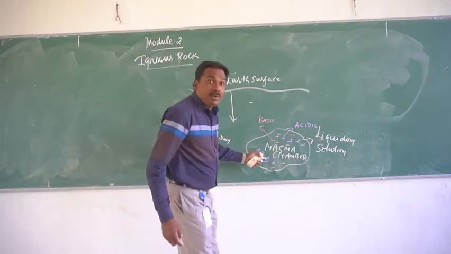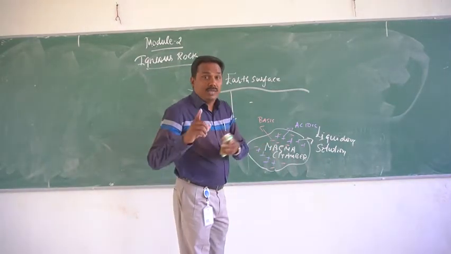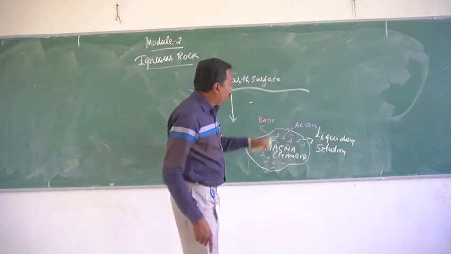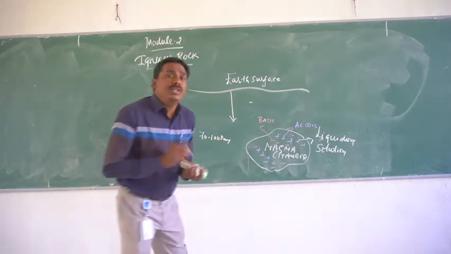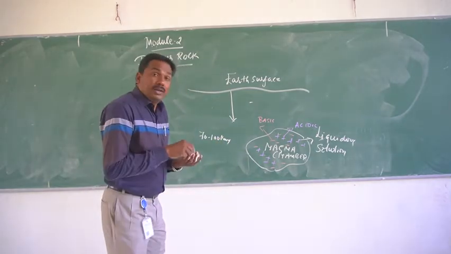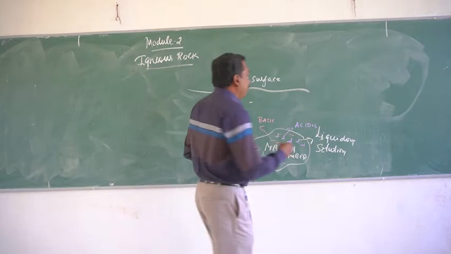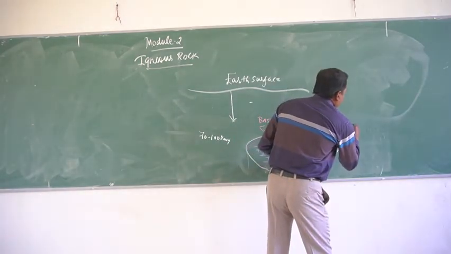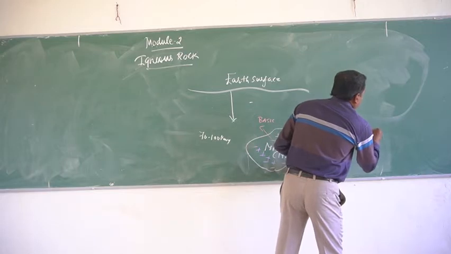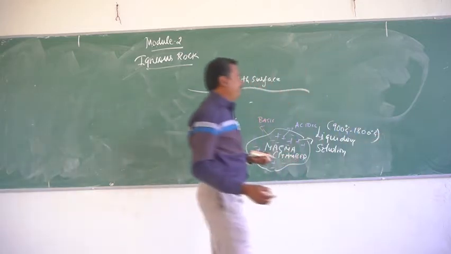The magma chamber, which is liquidus in nature, is made up of acidic or basic solution. Then what is the temperature of this solution? Usually the temperature of this solution is 900 degrees Celsius to 1800 degrees Celsius.